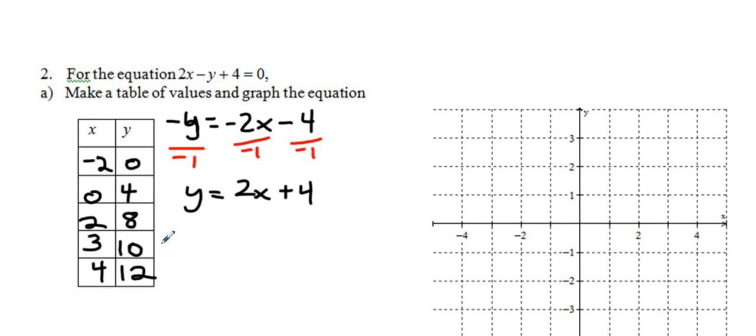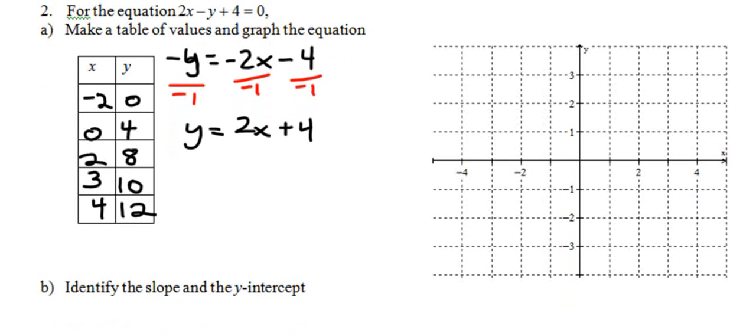All right, so I'm going to go ahead and plot minus 2 and 0, 0 and 4, and then the rest of them are off the charts. If I had done -4, -4 times 2 is -8, -8 plus 4 is -4. So I could have done -4, -4 as well.